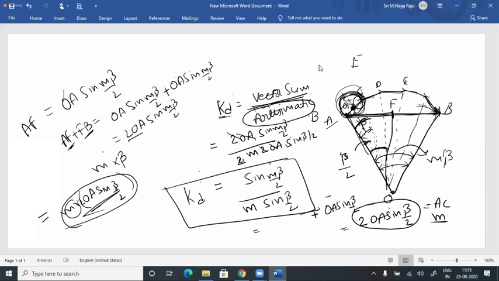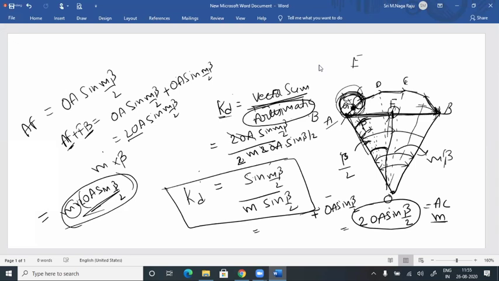So to find AB, again we bisect the line AB at point F. Now from this right angle triangle OAF, we find the AF value first. That is OA sin(M beta by 2), because this total angle is M beta, and half of this angle is M beta by 2. AF is equal to FB.